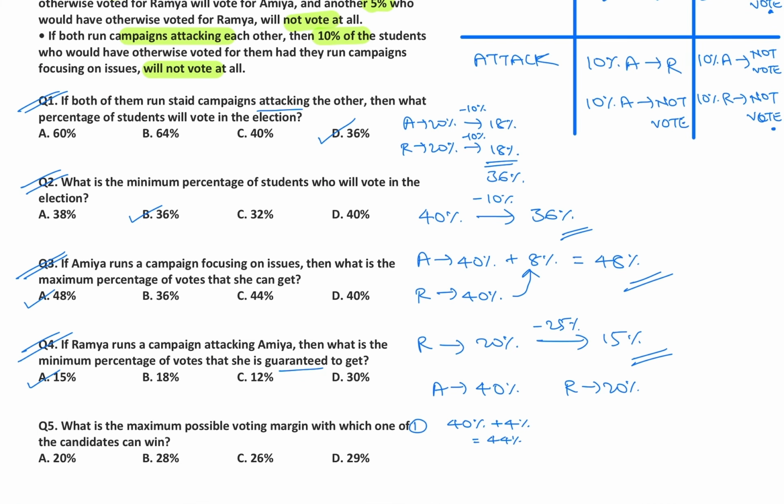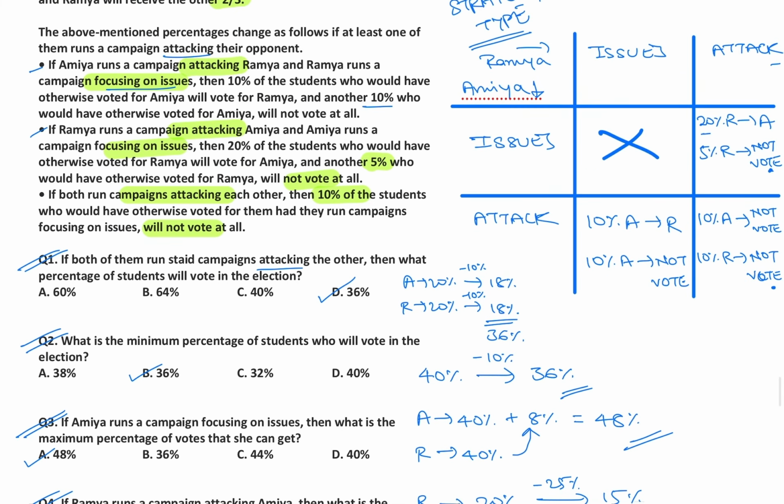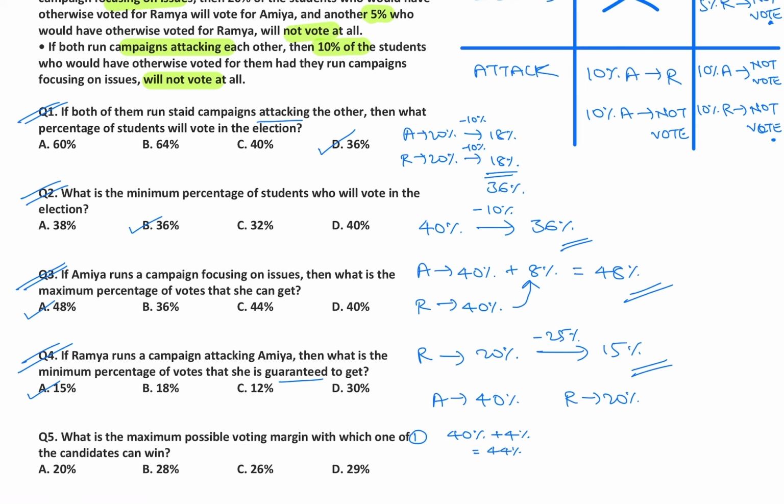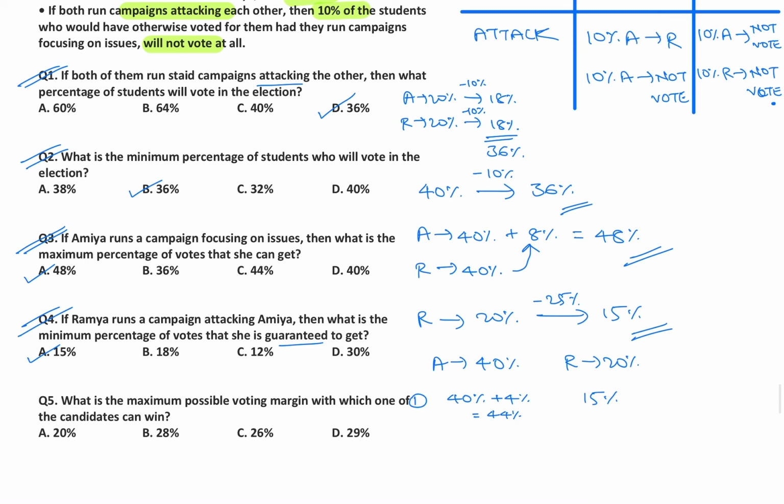So one will not vote and four we have already removed, so a total of five will get removed. I'll be left with 15% of votes for Ramya. So the voting margin that I am looking at here is 44 minus 15, which is 29%.